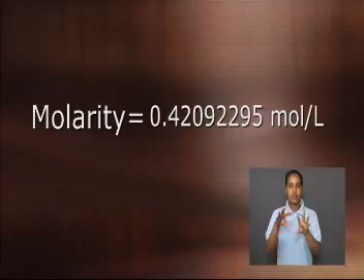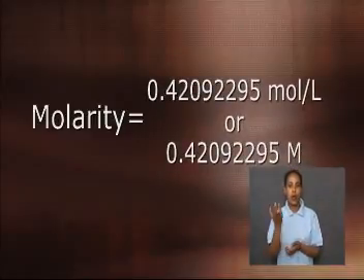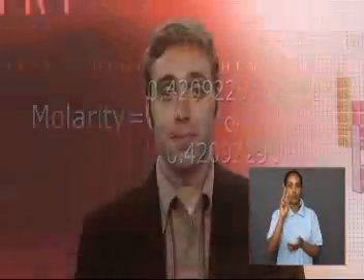This gives us our answer, which is approximately 0.42 moles per liter, or a molarity of 0.42. If you got that answer as well, great work. If you did not, please review your notes and try the activity again after this lesson.